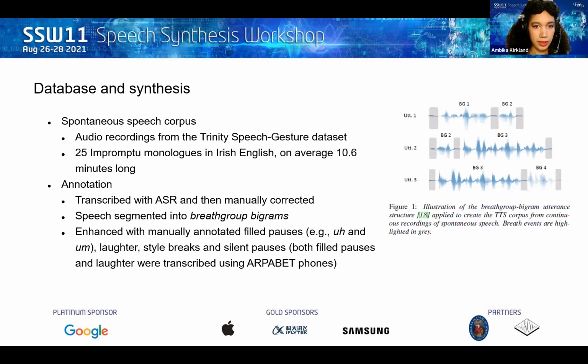And I guess I won't go into excruciating detail about this, but the speech was segmented into these breath group bigrams, where you have utterances composed of speech that overlaps. So you have here utterance 1 and utterance 2, and the last part of utterance 1 is the first part of utterance 2.